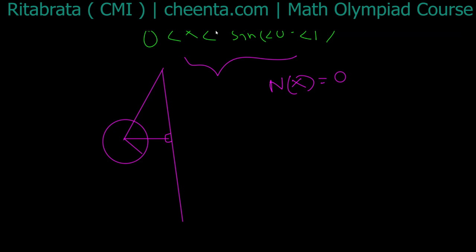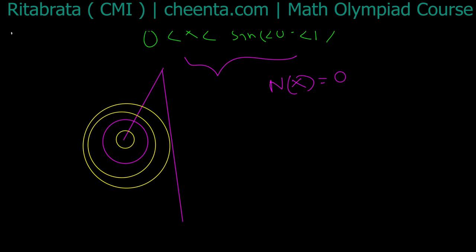Now, when n of x is 1, I make the radius of the circle bigger and bigger. So starting from here, I make it bigger and bigger. There comes a point where it just touches the side, touches the segment. After that, any circle of bigger radius cuts the ray at exactly 2 points.